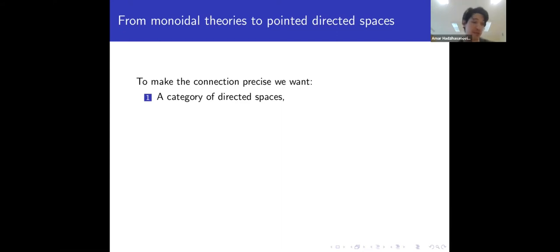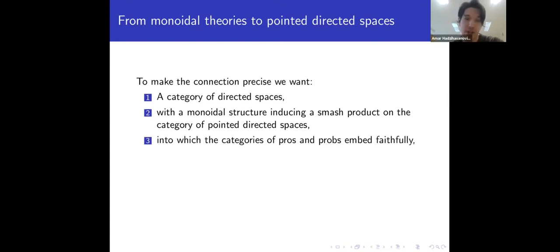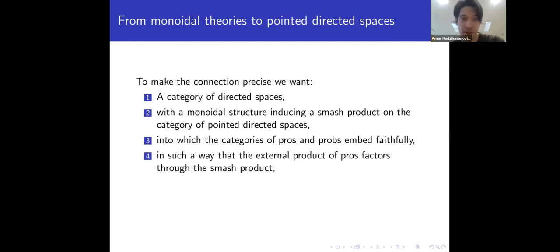So to make this connection precise, what would we want? We want to have a category of directed spaces together with a monoidal structure from which we can induce this mesh product on a category of pointed directed spaces. We want the categories of pros and probs to embed faithfully into this category of pointed directed spaces in such a way that this external product of pros will factor through this mesh product.